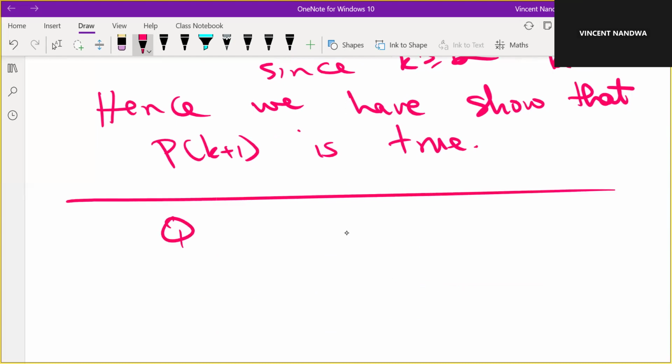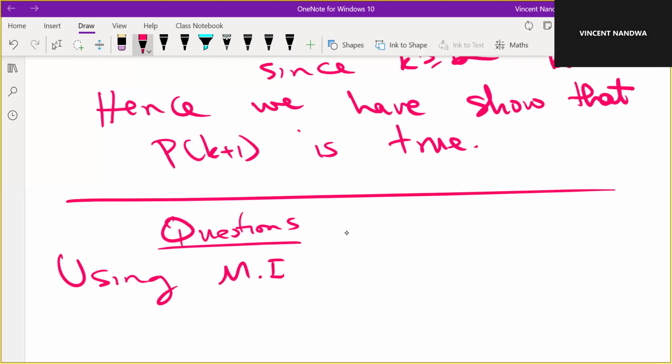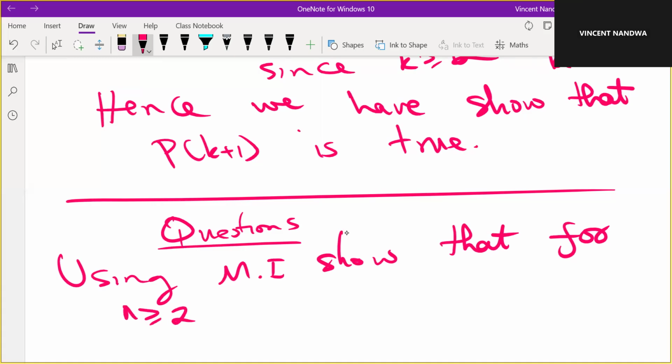Yeah. So at your own free time, you will try this. These are questions for exercise. So using mathematical induction, show that for any integer greater than or equal to 2, 3 power n is always greater than n squared.